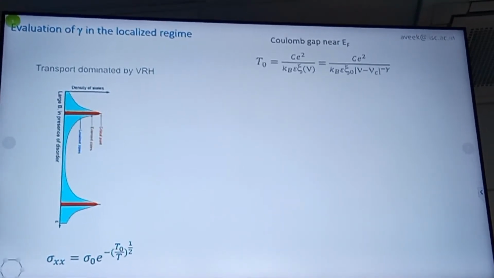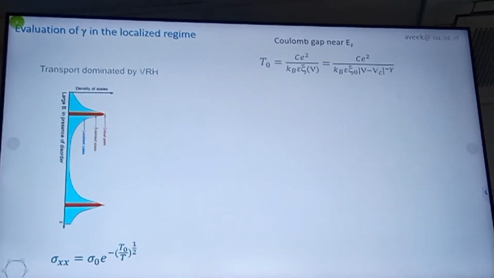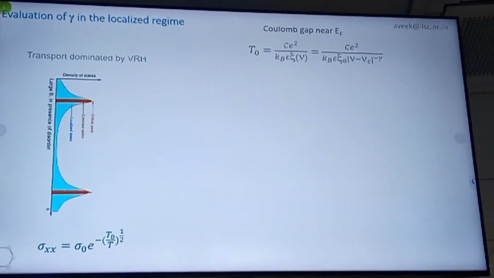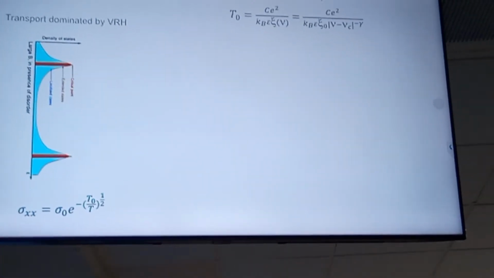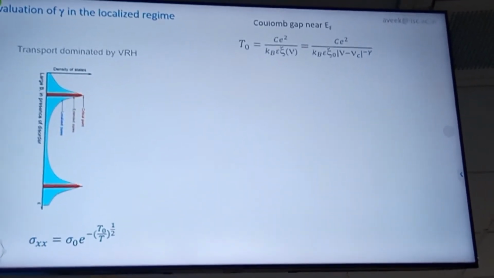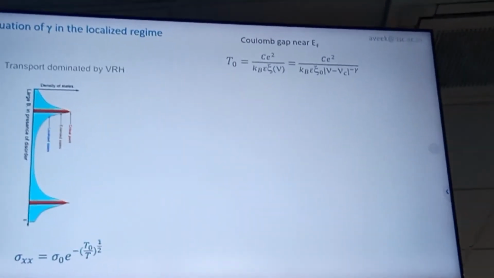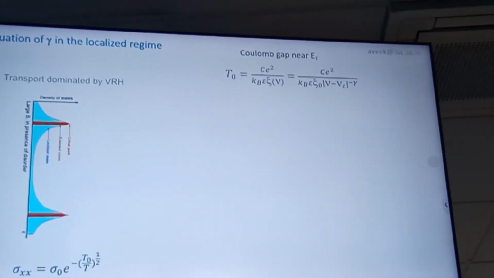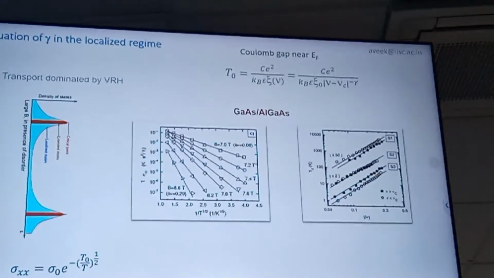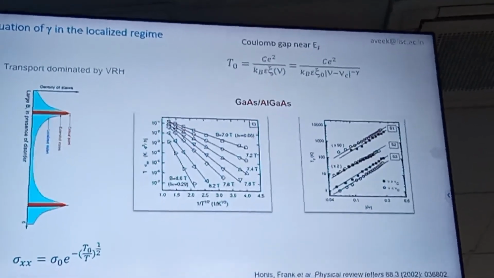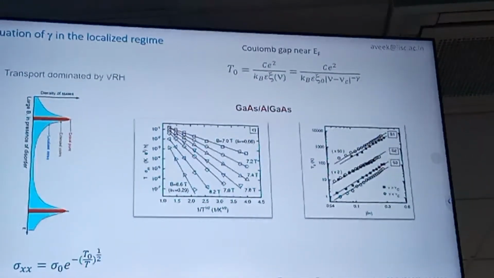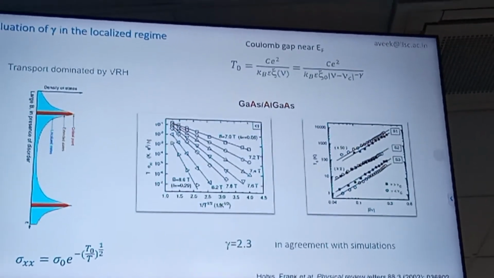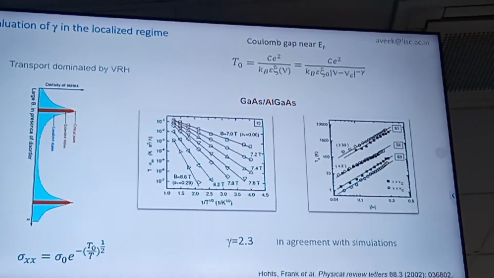Since this is Efros-Shklovskii kind of hopping, the conductance will go as exp of minus (T0 by T) to the power half, and at the Fermi energy a soft gap opens up, and the energy scale is given by this, and here sits the parameter gamma that I am trying to get. So if I can know T0, I will get gamma, and this has been measured in GaAs, and gamma was 2.3, in agreement with theoretical calculations.